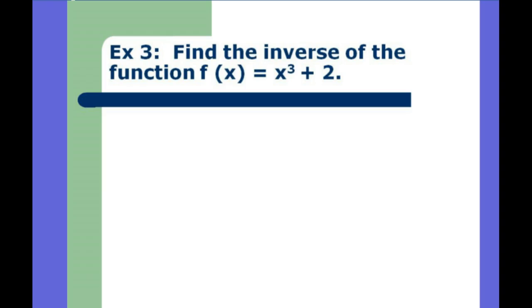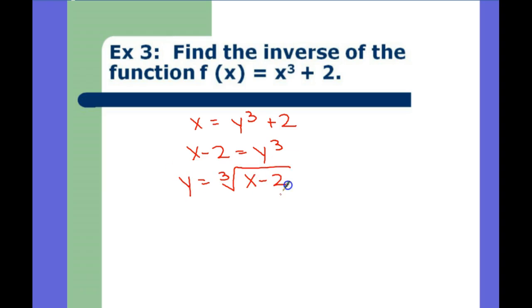No, it just shifts it up 2. So again, the idea is this is y equals, so we're going to make it x equals y cubed plus 2. So to find its inverse, we have x minus 2. Take the cube root. And we get y equals the cube root of x minus 2.